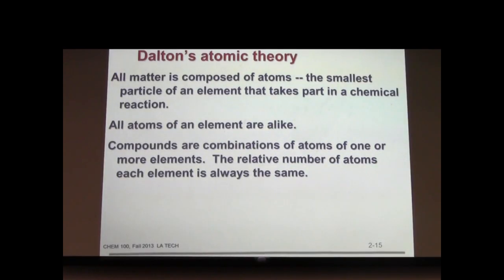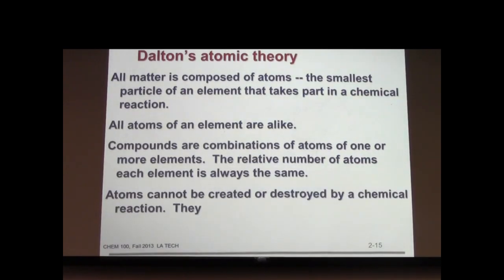Take carbon dioxide and carbon monoxide: the relative number of atoms is carbon 1, oxygen 1 for carbon monoxide, and for carbon dioxide, 1 carbon atom and 2 oxygen atoms. Therefore, there are two different compounds. So this statement, the third postulate, defines that.